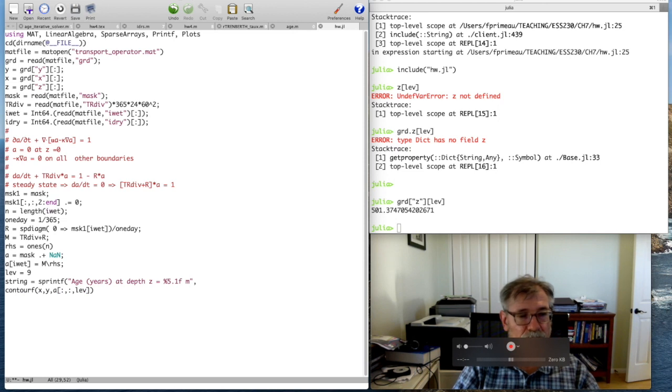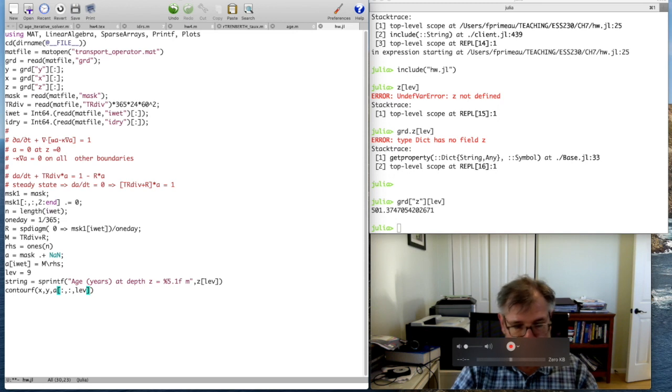That's a formatted print, and we're going to put in z of lev. So it's going to print it with 5 spaces, 1 space for the decimal, 1 space for the period, 4 spaces for the numerical value, the depth.